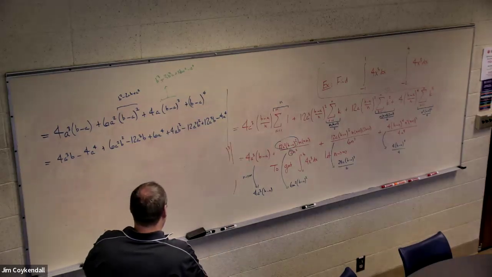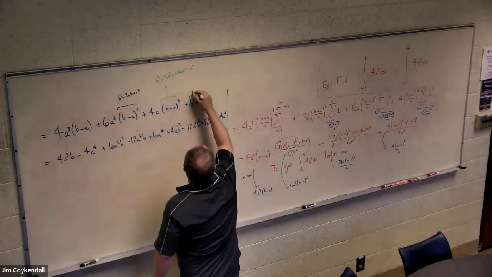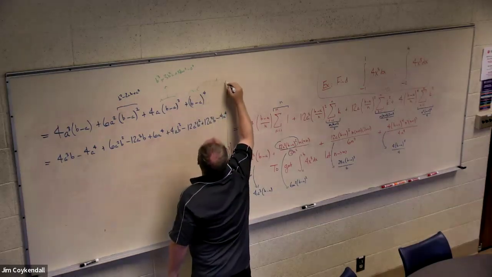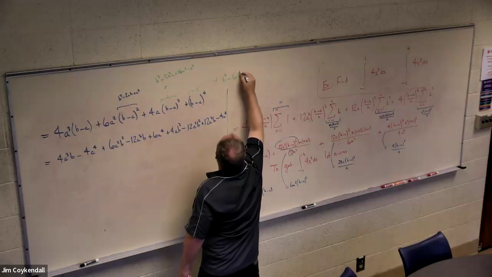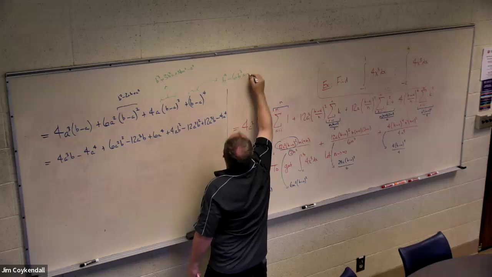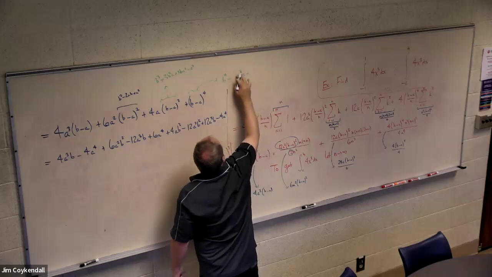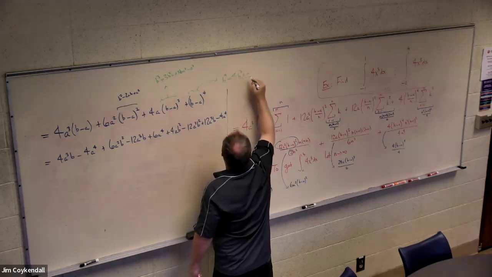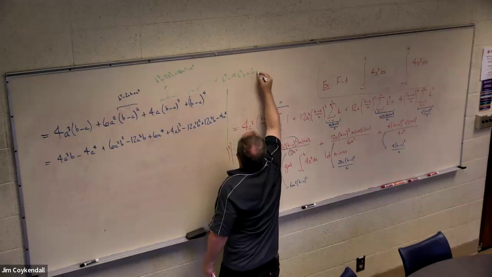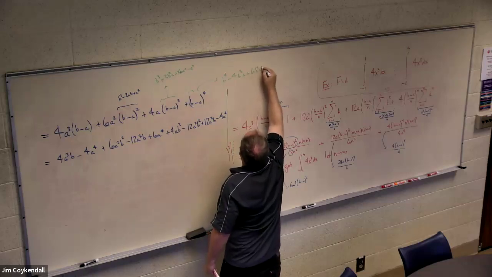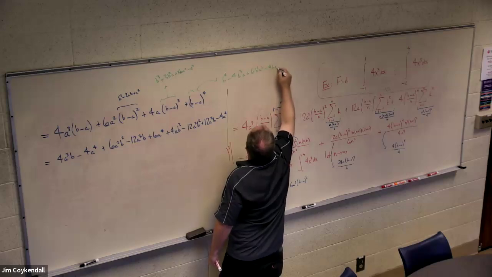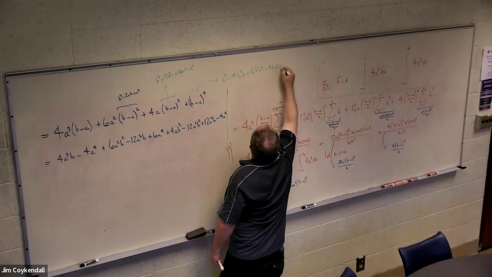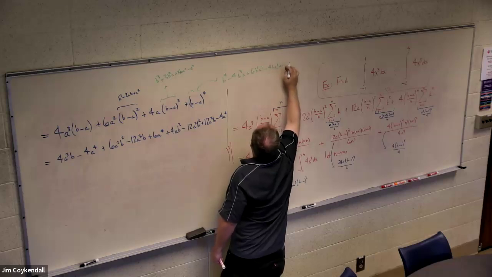And finally, this last bit, most obnoxious, involved, is b to the 4th minus 4b cubed a plus 6b squared a squared minus 4b a cubed plus a to the 4th.